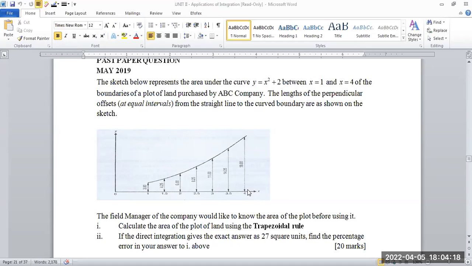The lengths of the perpendicular offsets at equal intervals of the straight line to the curve boundary are as shown in the sketch. The field manager of the company would like to know the area of the plot of land before using it. Calculate the area of the plot of land using the trapezoidal rule.